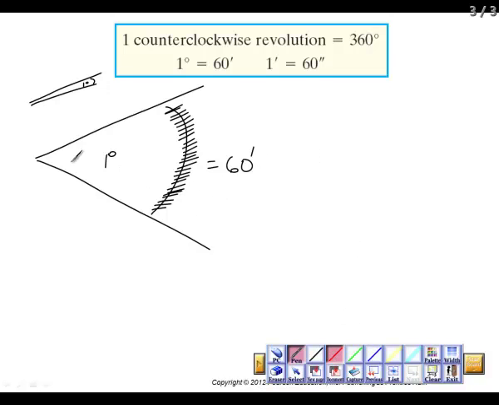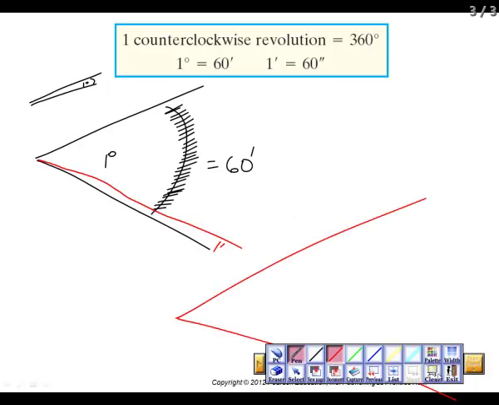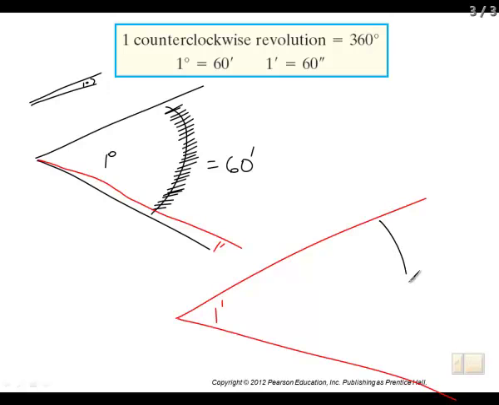Now if we were to examine 1 minute and blow that up, then from there we would see that it would have 60 more hash marks in it, and that would be 60 seconds.